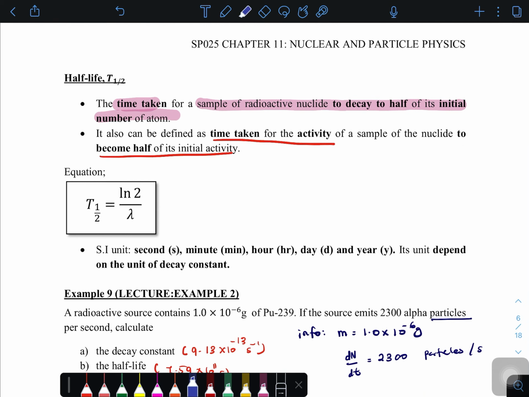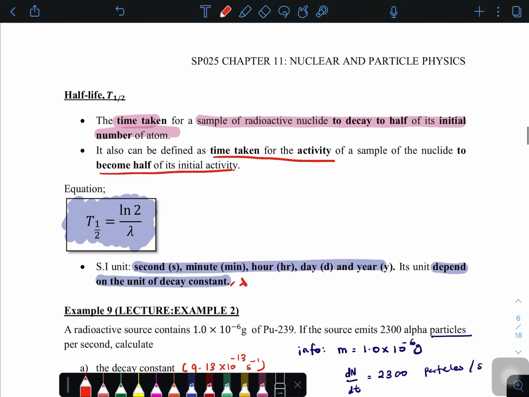The equation for half-life is T half equals ln 2 over lambda. And the unit for half-life, because it is time, can be seconds, minutes, hours, days and years. So the unit depends on the unit of the decay constant, lambda.